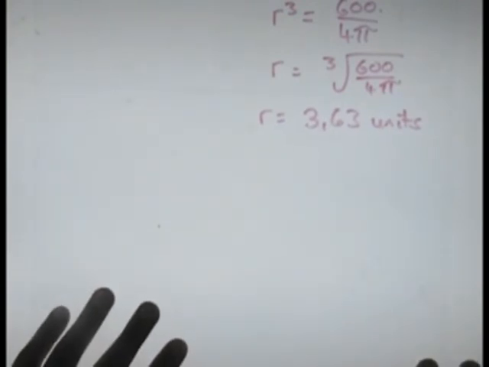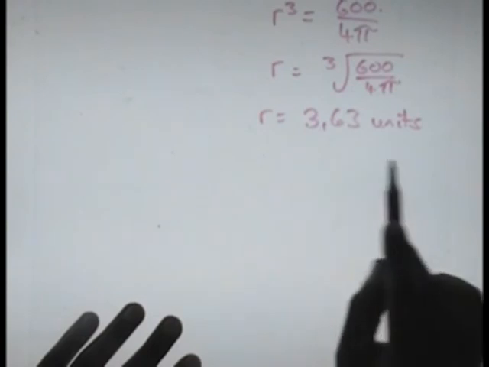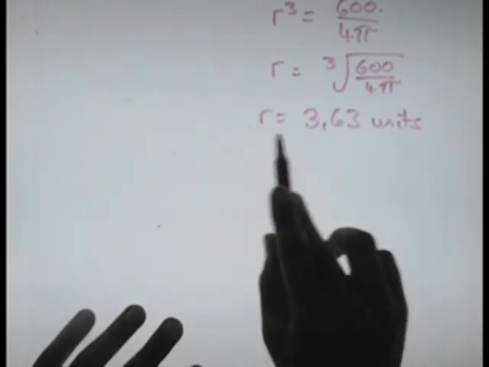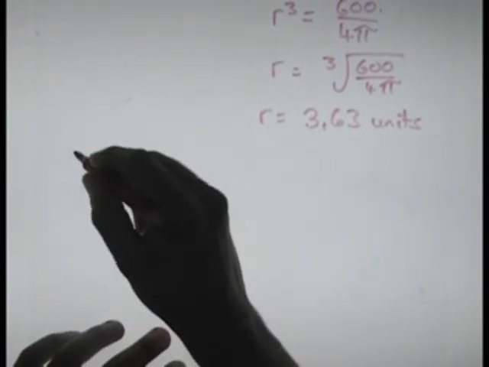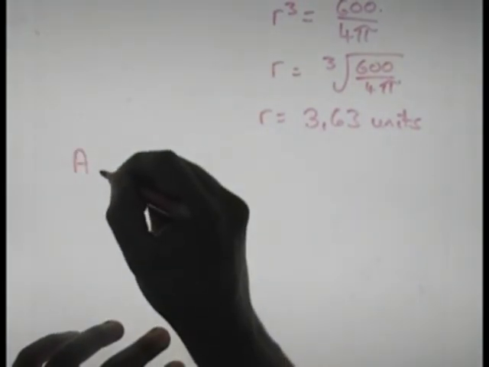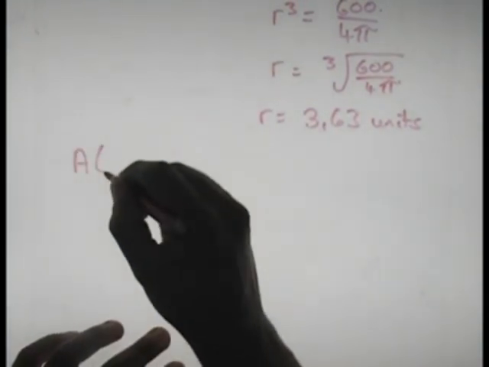This is not our optimum surface area yet. This is the r value which will yield the optimum surface area. Surface area is given by A of r.